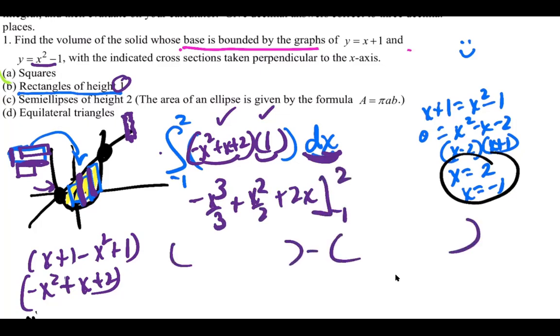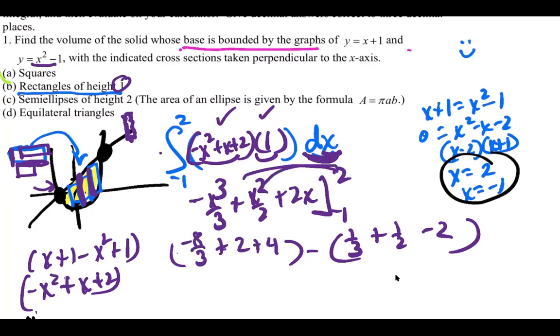All right, so if I fill in 2, I'm going to get -8/3 plus 2 plus 4. If I fill in -1, I'm going to get 1/3 plus 1/2 minus 2. Just be careful with that. If I fill in 2, that's going to be -8/3. That's going to be 4/2.